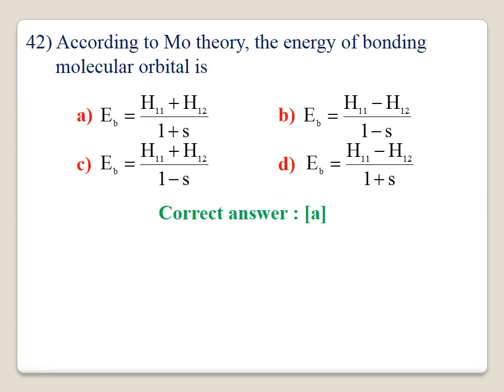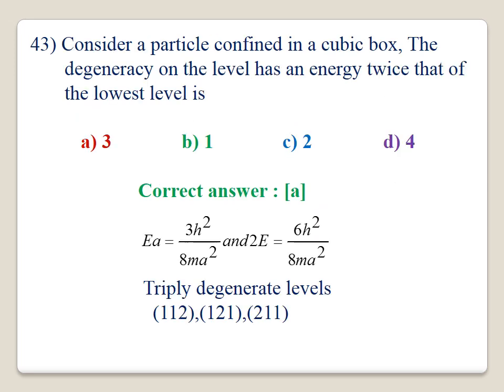According to MO theory, the energy of bonding molecular orbital. For the bonding orbital you must have plus. Option A is correct. EB will be equal to H11 plus H12 divided by 1 plus S. If it is minus, it is for the antibonding molecular orbital. For bonding orbital, option A.